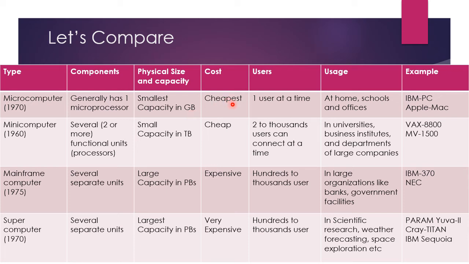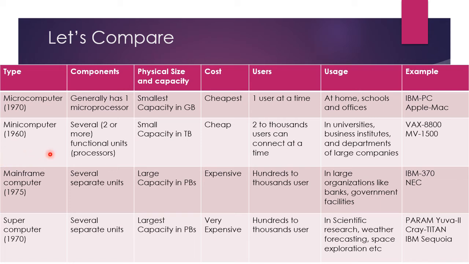This is cheapest out of these four. Most of the time, only one user at a time can work on these computers. We see them at home, schools, and offices. IBM PC, Apple Mac, the Intel series that we are using, HP series that we are using, these are also examples of microcomputer.